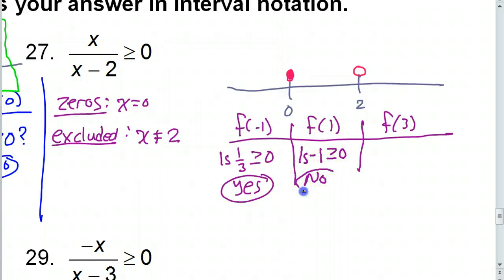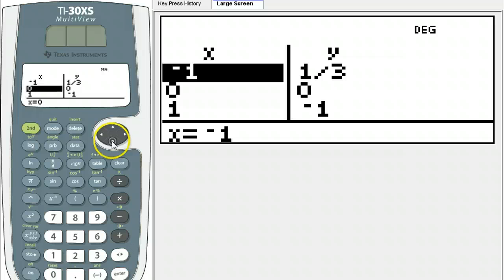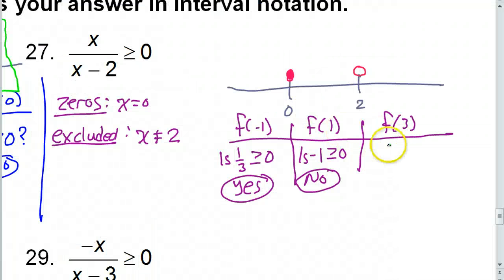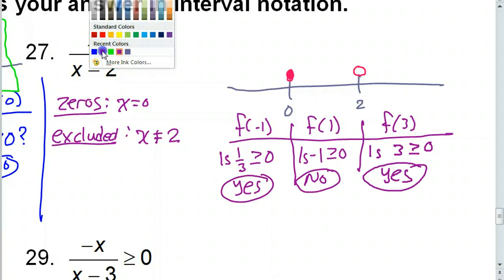And of course the answer there is no. It's a negative number, it's not greater than 0. And then we look at 3. The value at 3 is 3. So is 3 greater than or equal to 0? Well, yes it is.